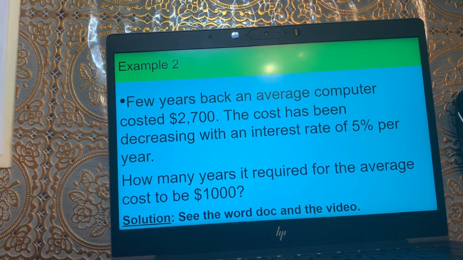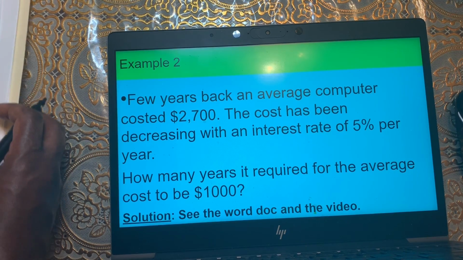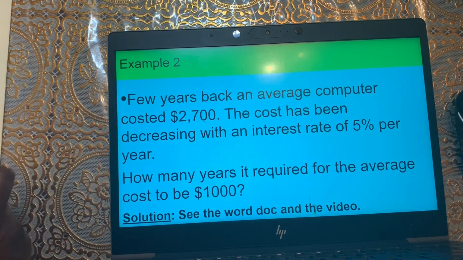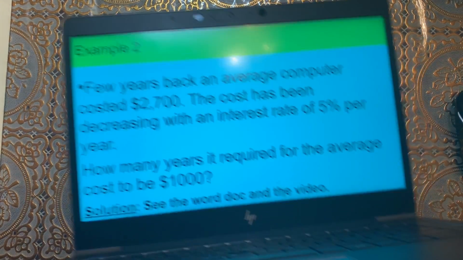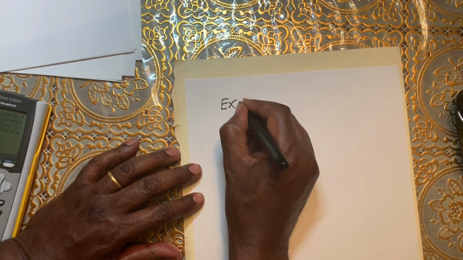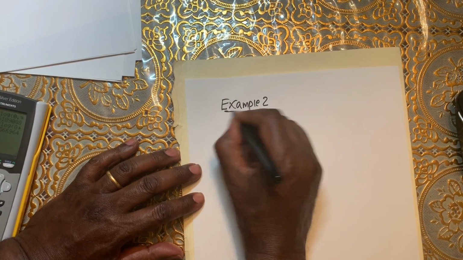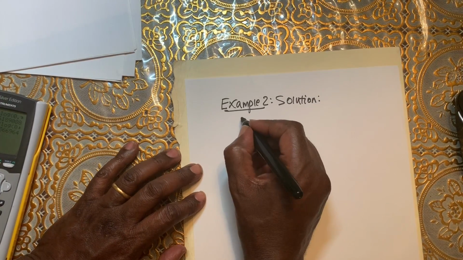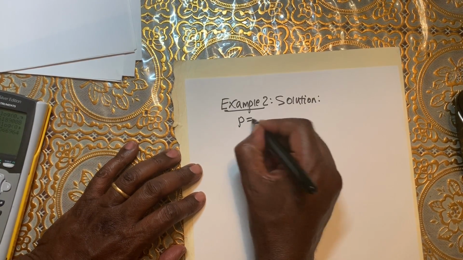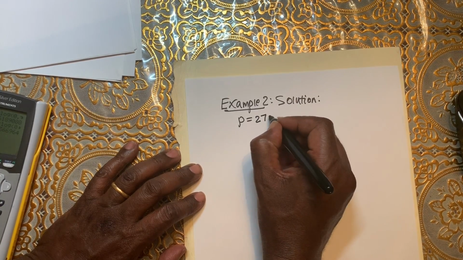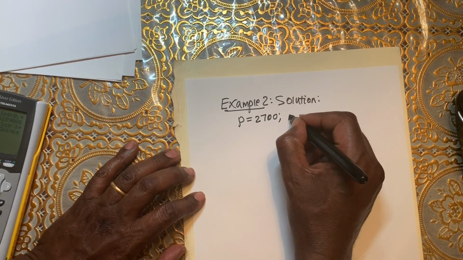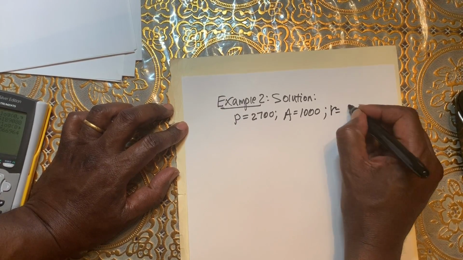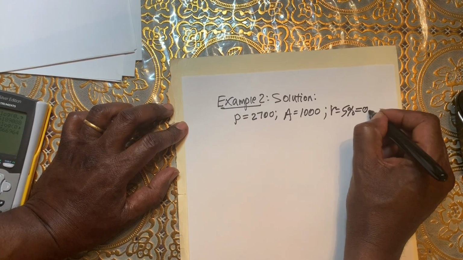So let's do this. We are now using the decrement formula instead of the increment formula. Example 2, solution. Suppose the initial amount P was 2,700. It went down, the final amount became 1,000 with the rate of 5%, which is 0.05.